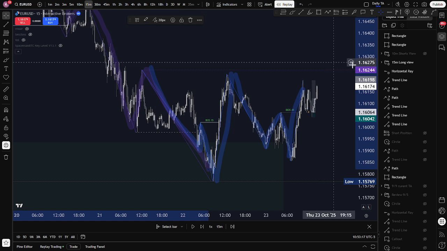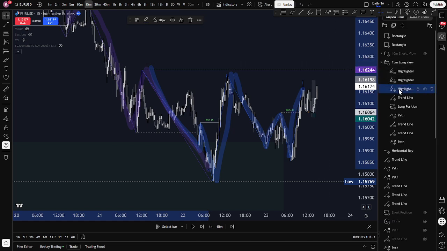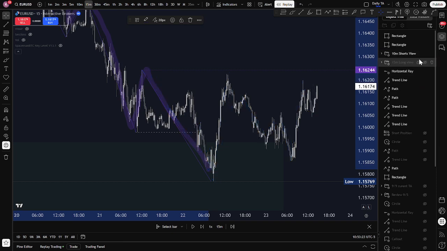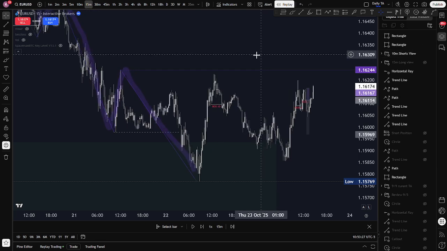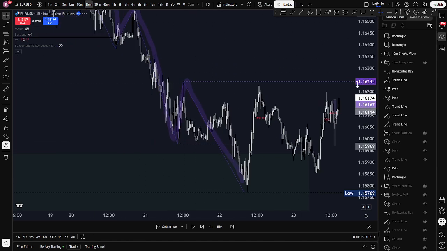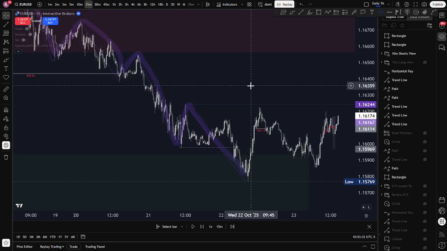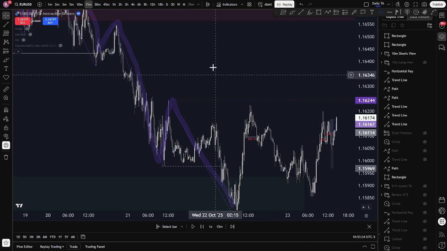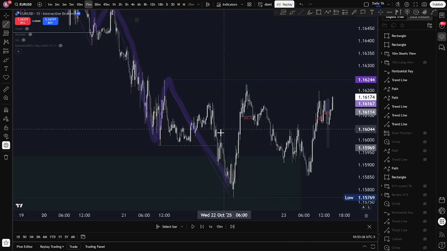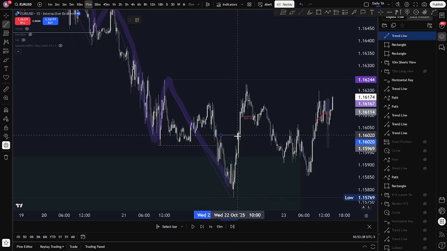Or, sorry, hang on one second. Or, there's also this. There's, again, the 45-minute swing pull in purple. Price broke up here on the 15, as I notated before.